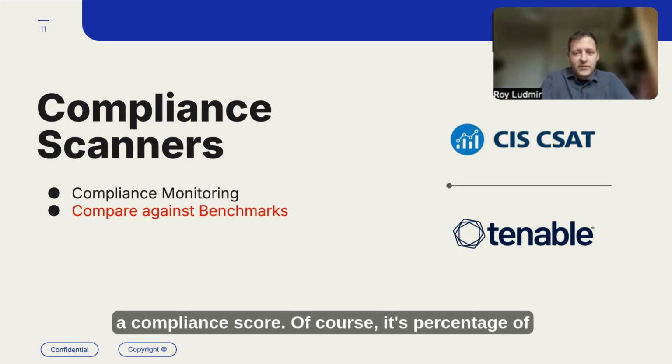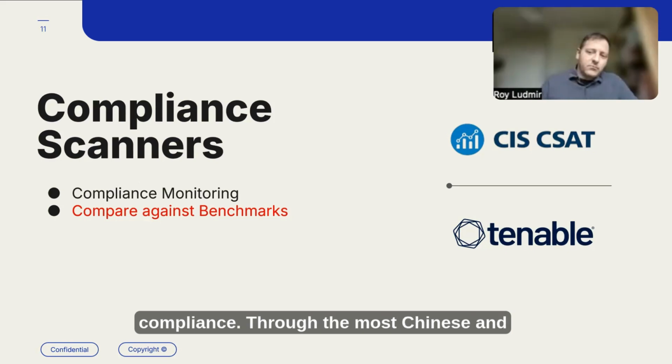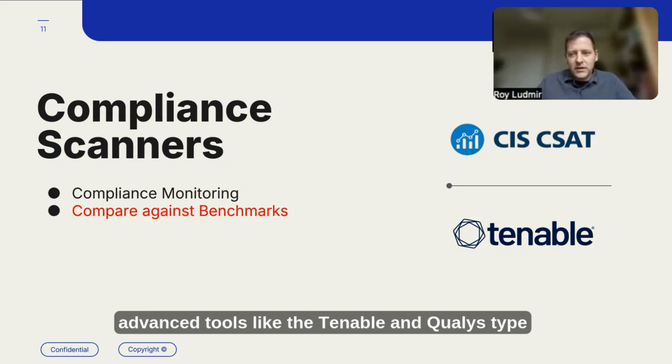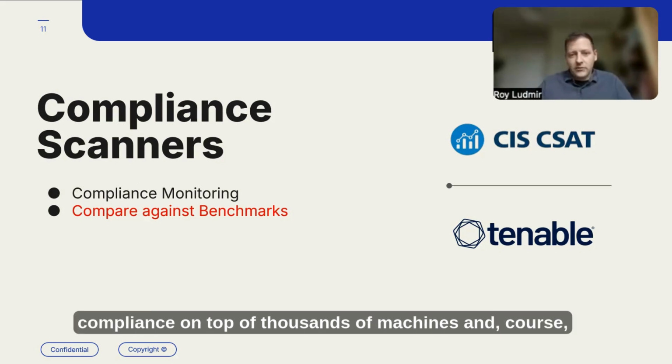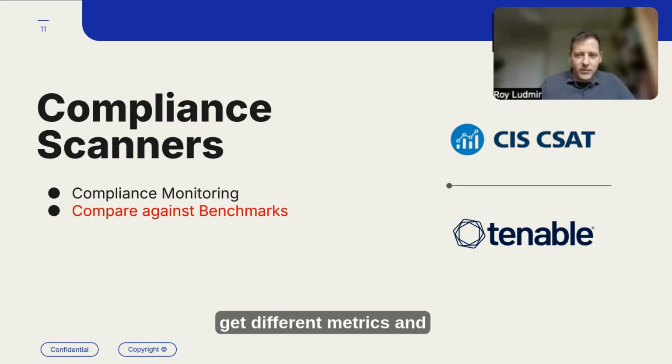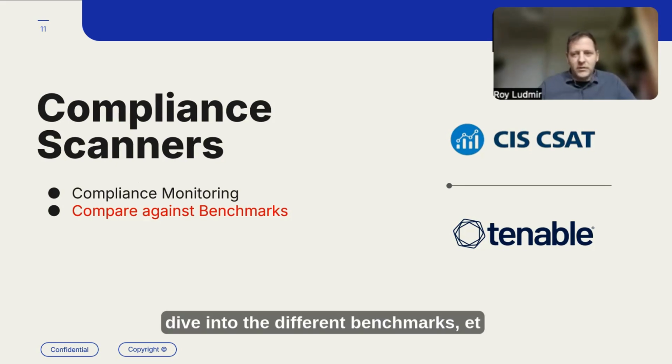Of course, it's a percentage of compliance through the most shiny and advanced tools like the Tenable and Qualys type of tools of the world, where you can scan compliance on top of thousands of machines and, of course, get different metrics and dive into the different benchmarks, etc.